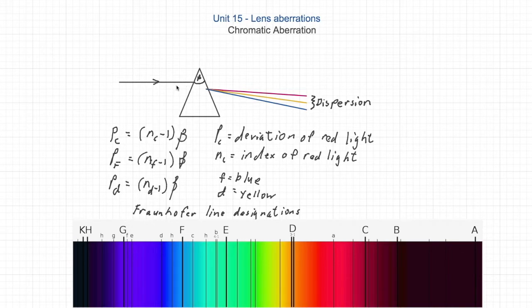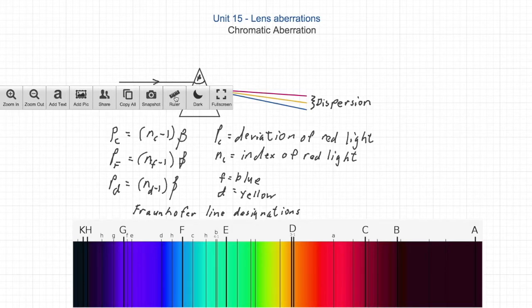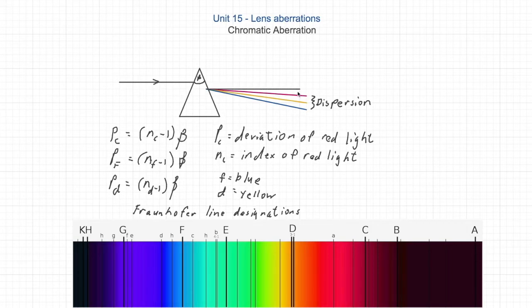These dark lines are areas where elements in the star or sun absorbed certain selected wavelengths of light. The colors where these black lines were formed, he assigned letters to them. And as you can see, red is C, yellow is D, and blue is F.